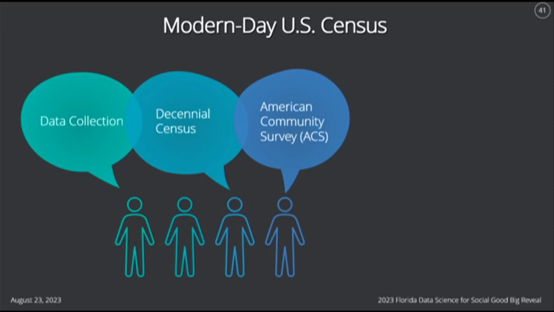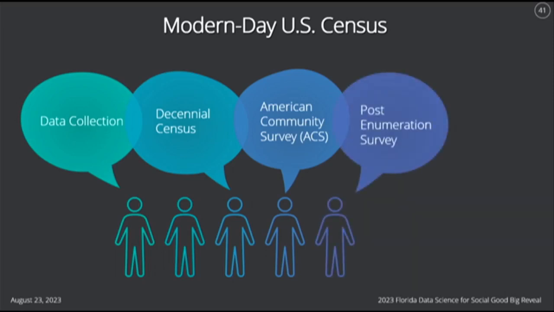So ACS is working on that. The US Census also does coverage measurement, to find out how the census is doing and whether there is any error, and a way of removing that error in the next census. The post-enumeration survey is one of the coverage measurements the US Census does.